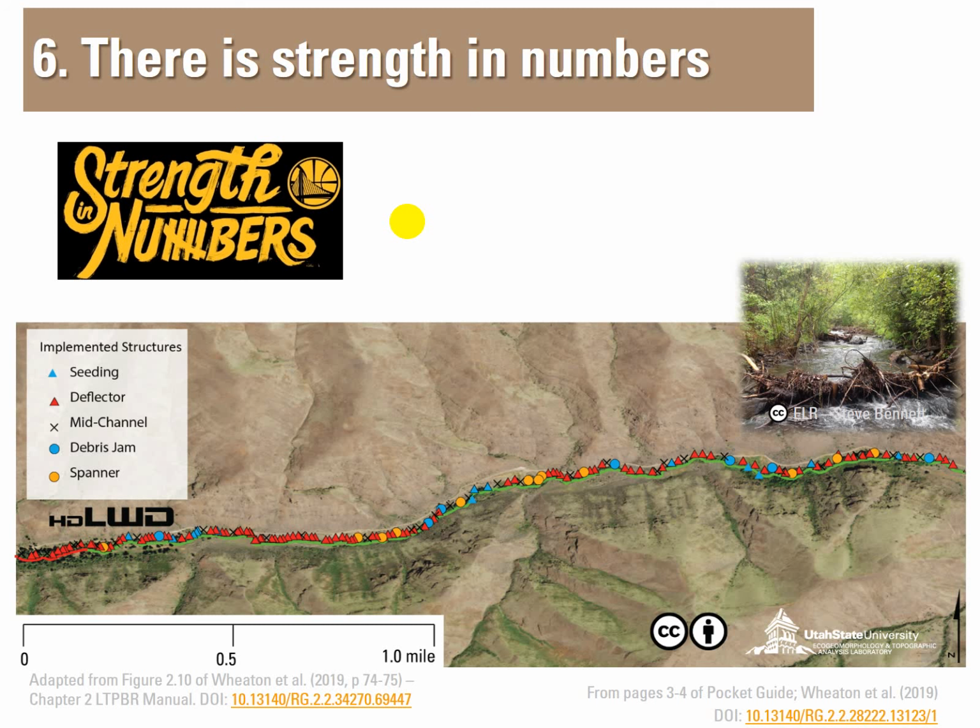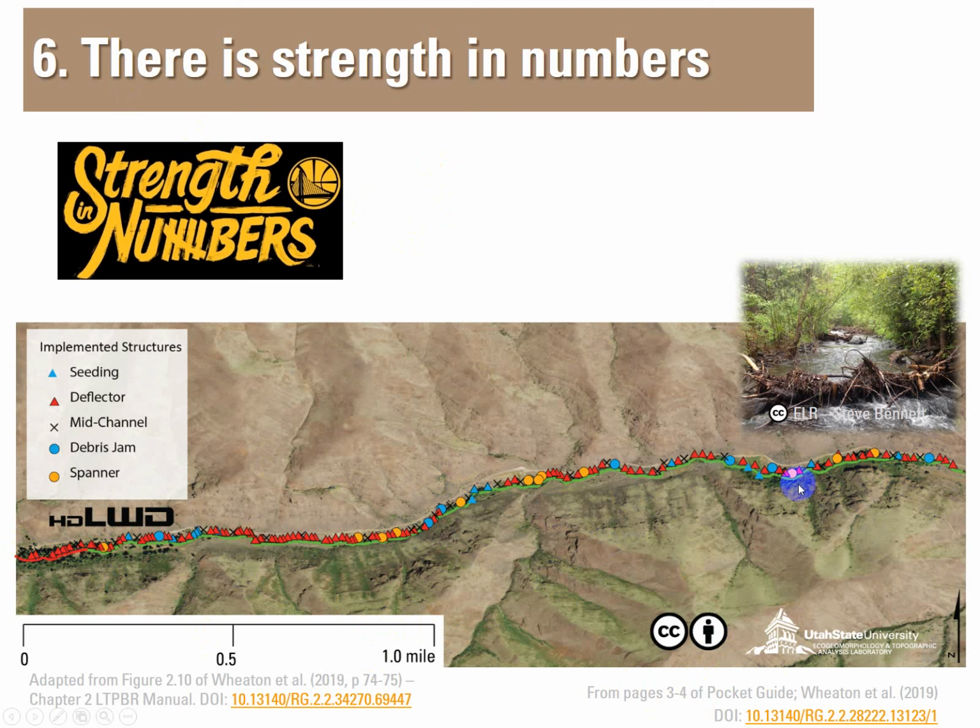Principle 6, there is strength in numbers. If any of you are basketball fans, a few years ago we absolutely agreed that strength in numbers, this little stolen logo from the Golden State Warriors, this rebuild year is maybe not quite the same. But what we mean by strength in numbers is, here's a map of a small portion of a larger restoration project that Steve Bennett is going to talk about tomorrow, the Asotin.